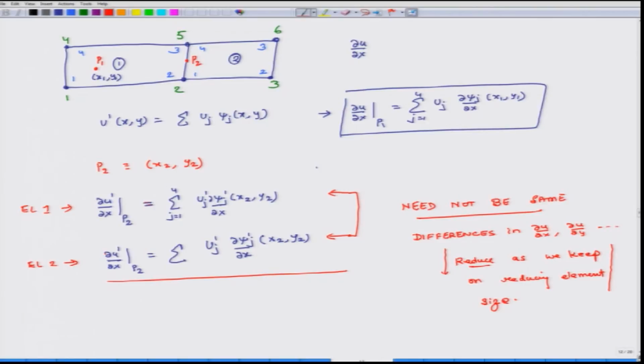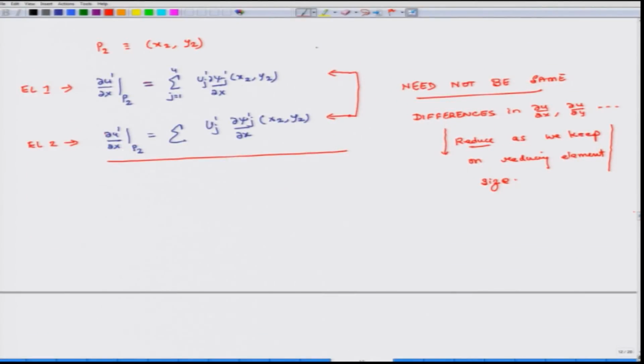Where are derivatives important? For instance, if I have to find strain, then what is it? It is related to del u over del x, del v over del y, del u over del y plus del v over del x, and so on and so forth. So, if I am interested in finding strains, especially at a point which is at the boundary, then I have to make sure that the difference between side 1 and side 2 is sufficiently small.